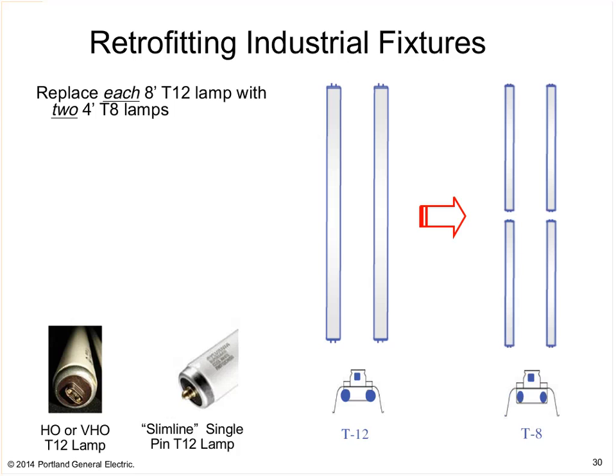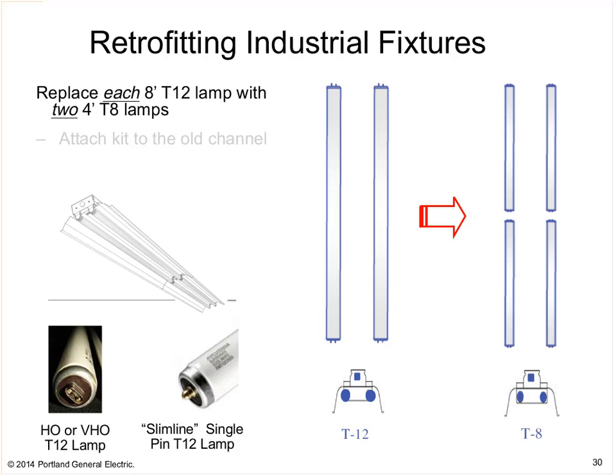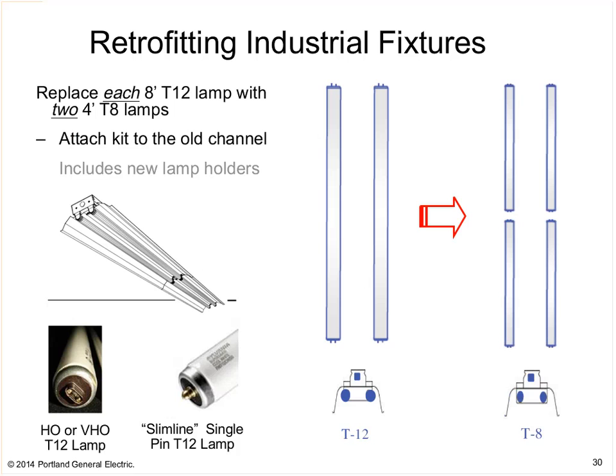And that's because the 4-footers are the best performing, they're easier to handle, you can reduce your lamp inventory, and it's an easy retrofit. You attach this kit to the old channel, you might add a new lamp holder, and you might want to add a new reflector. So from down below, this is going to look just like an entirely new fixture.